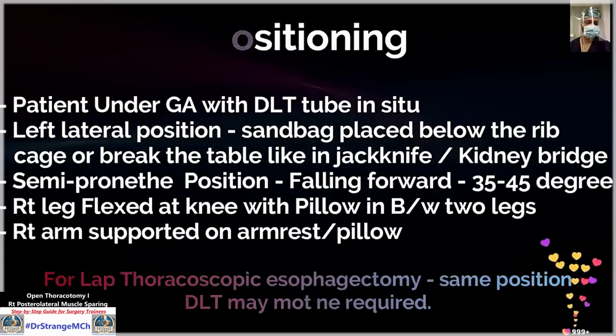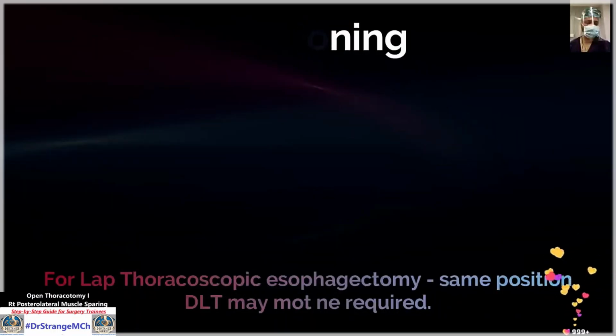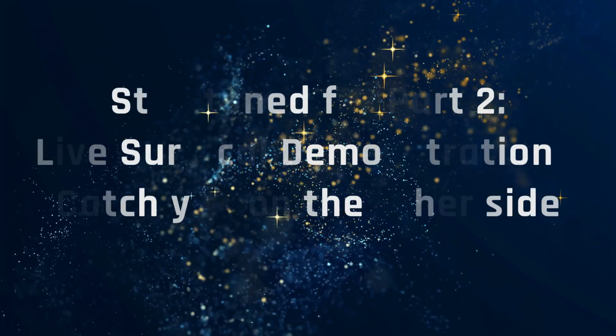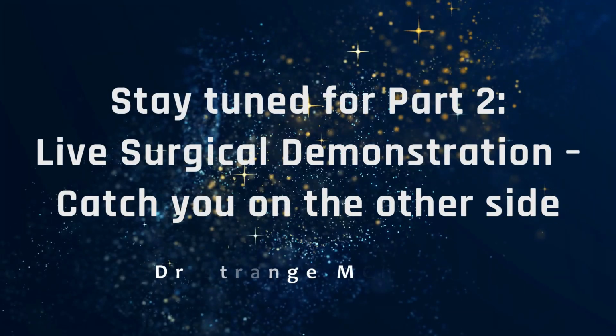So this is the position we use for open thoracotomy or for the thoracoscopic surgery of the esophagus. So the patient is under anesthesia with a double lumen tube in a semi-prone position, and we have given this incision. So wish you a safe thoracotomy once and always.